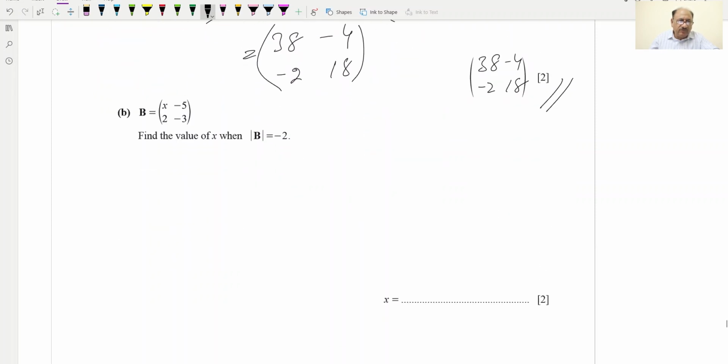Now b is given, we need to find what? We need to find mod of b is equal to minus 2. Find the x value.